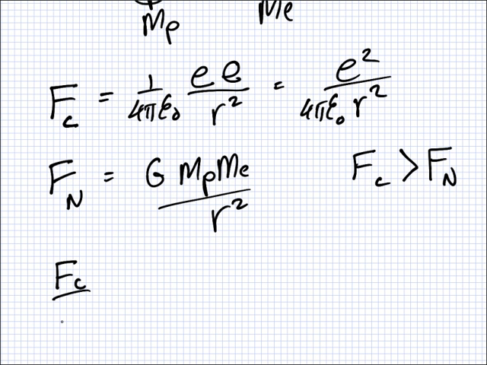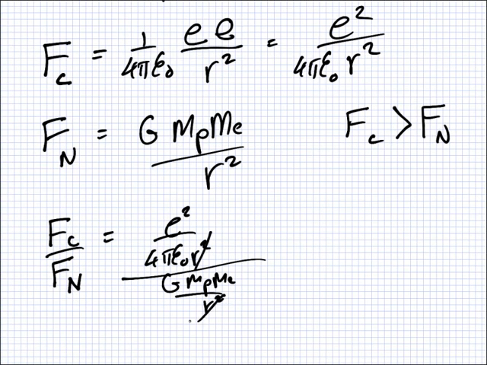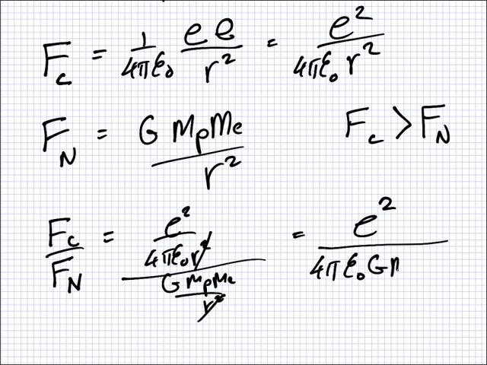We can divide to figure out how much bigger. For example, if the answer was 2, it means this is twice as big as this. If it was 10, it means it's 10 times bigger. So let's calculate. This would be e squared over 4 pi epsilon 0 r squared over G m_p m_e over r squared. So the r squareds cancel, and you're left with e squared over 4 pi epsilon 0 G, mass of the proton, mass of the electron.